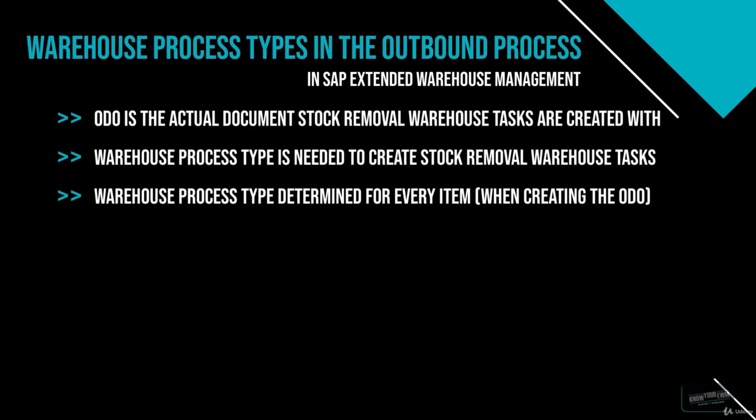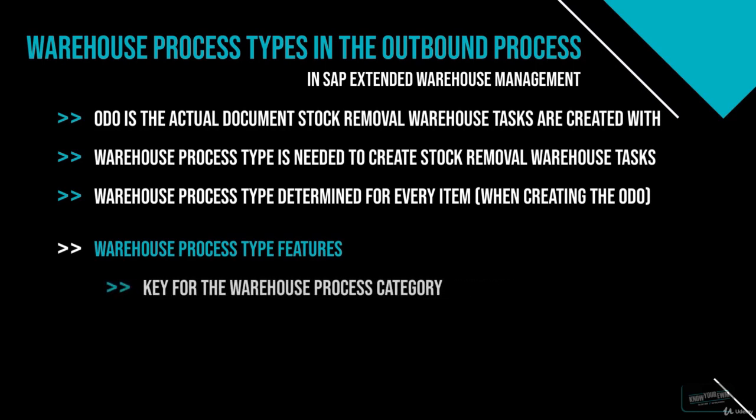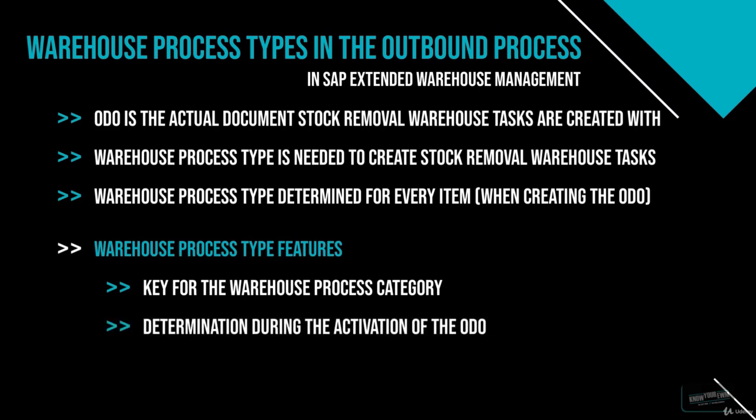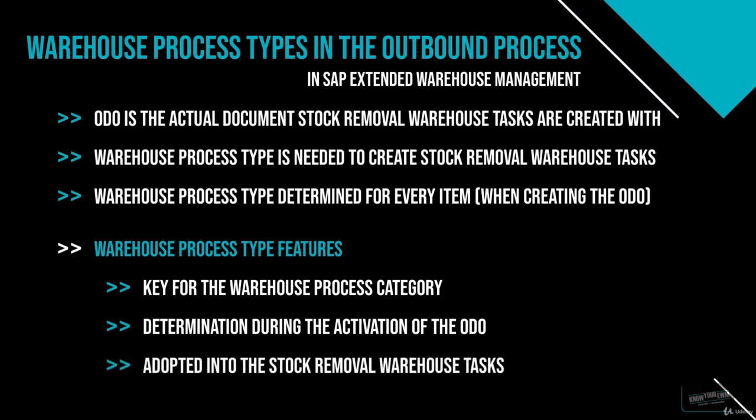These warehouse process types have the following features. Key for the warehouse process category. Determination during the activation of the outbound delivery order. Adopted into the stock removal warehouse tasks.